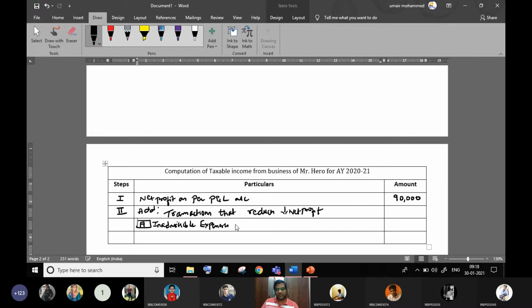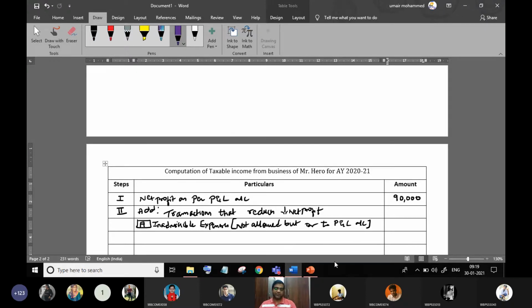What do you mean by this? Not allowed but debited to P&L account. So that's the meaning. So under this, we have to write the sub-items now one by one.